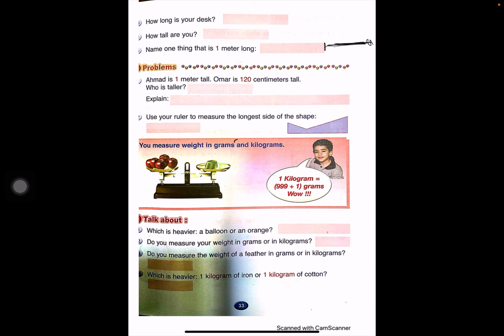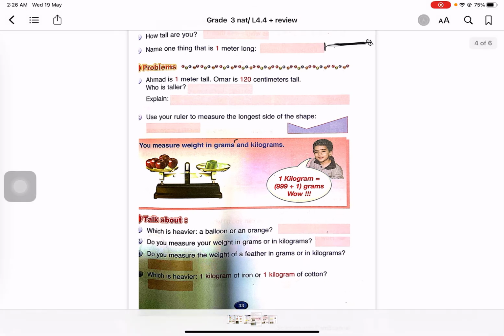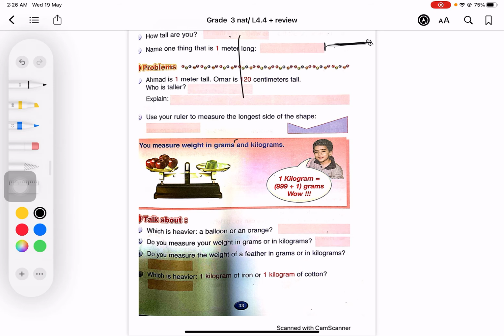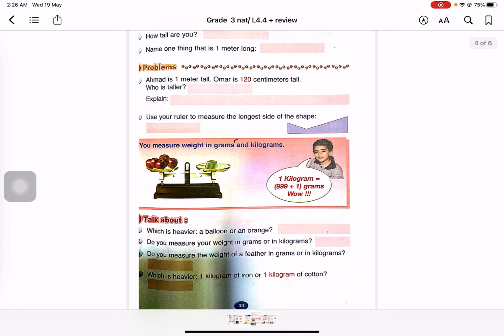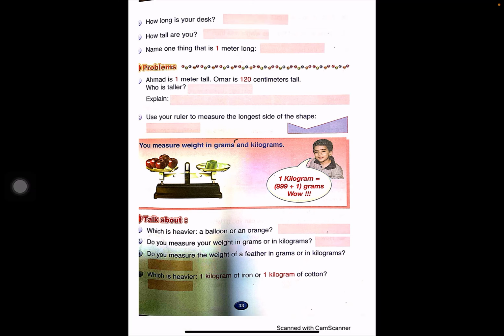Okay, so it will be, for example, 70 or 60 centimeters. Your desk can't be more than 1 meter. It will be less than 1 meter. So you are going to use the unit centimeters. For example, it will be 60.